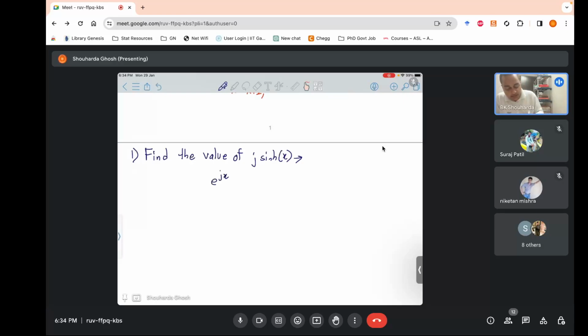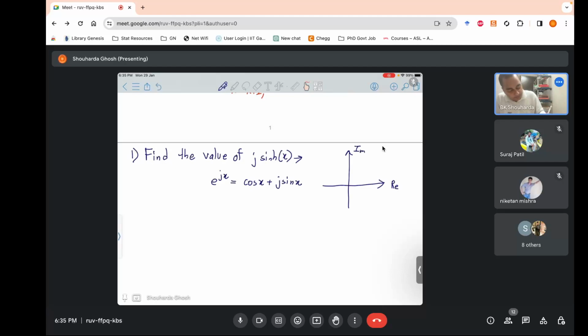So we have Euler's identity, which states that e to the power jx is cosine of x plus j sine x. These are complex numbers, so you have the real part and the imaginary part of the complex plane.